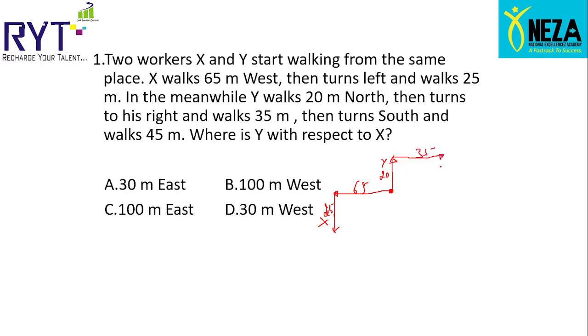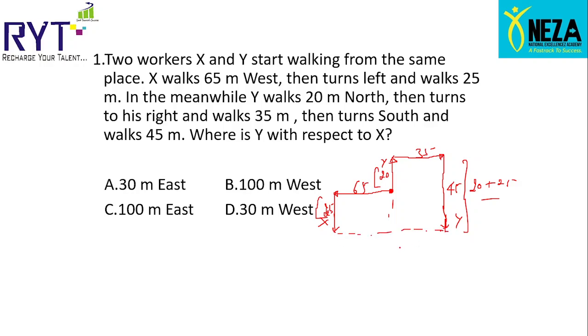Then turns south from here and walks 45 meters. So this is Y. If you see here, this side we have 20 and here we have 25, so together it is 45. That is 20 plus 25 on this side. So it means these two are in the same horizontal line.